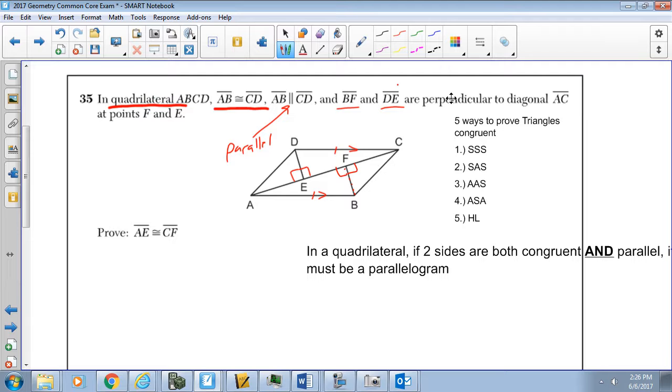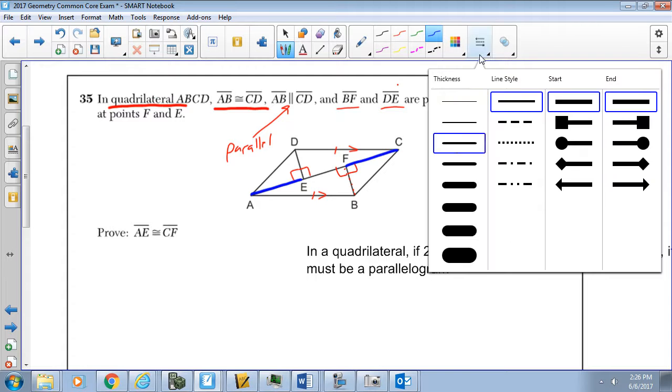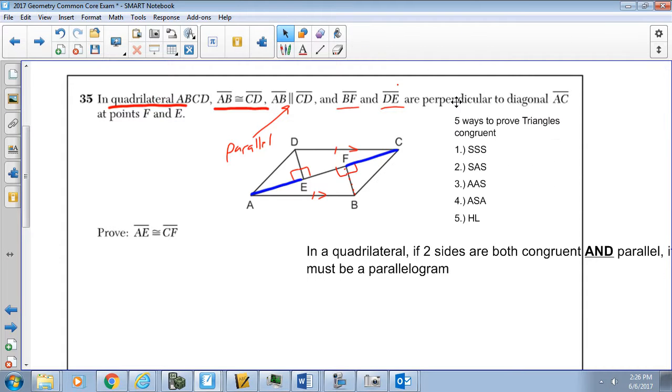Prove, now we always want to keep track of what we're trying to prove. We're trying to prove that AE is congruent to CF. All right. Now, there are a number of ways to do this, but the way I'm going to go about it, I'm actually going to prove that these two triangles are congruent, okay?